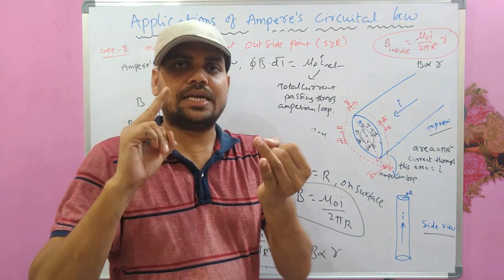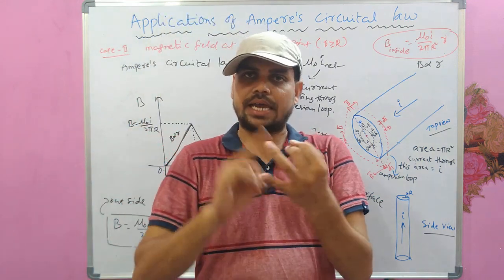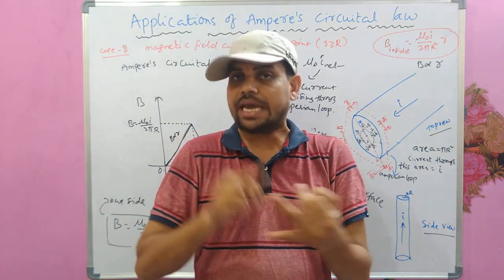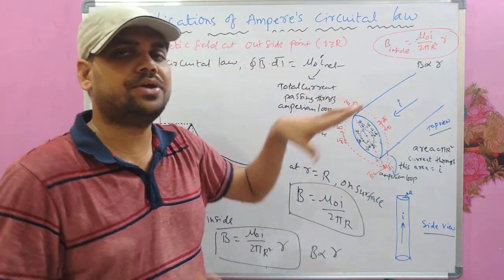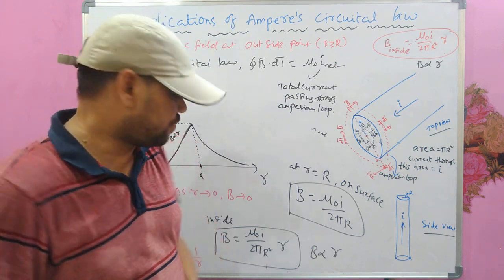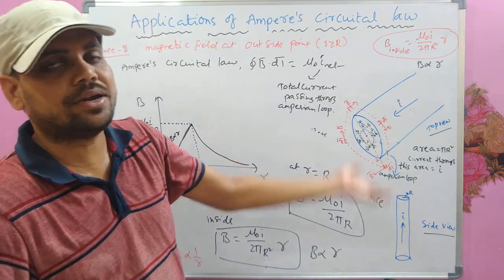If you can calculate this, what is B, what is angle between B and dl, what is I net, then substituting them in the Ampere circuital law will give you the formula for magnetic field at that particular point.